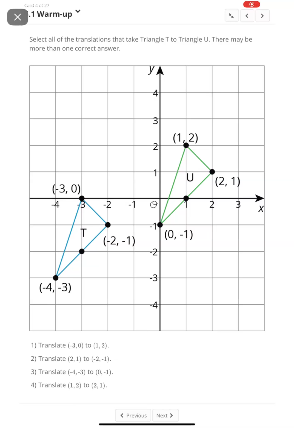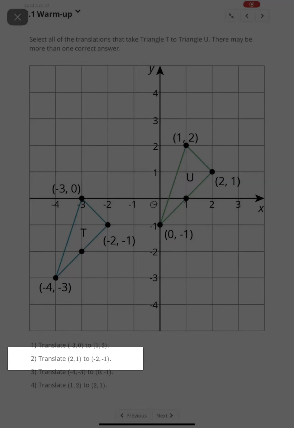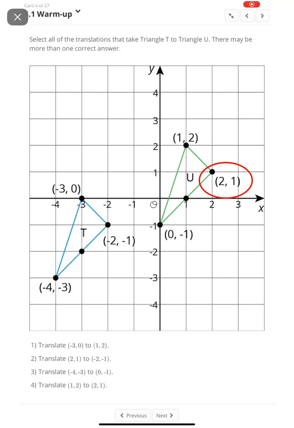Number 2 says to translate point (2, 1) to point (-2, -1). So let's look at this very carefully. Where is our point (2, 1)? (2, 1) is a point on the green triangle, and point (-2, -1) is a point on the blue triangle.